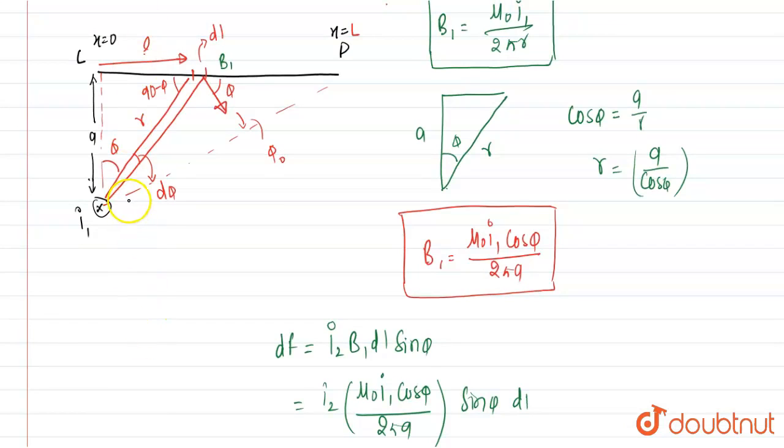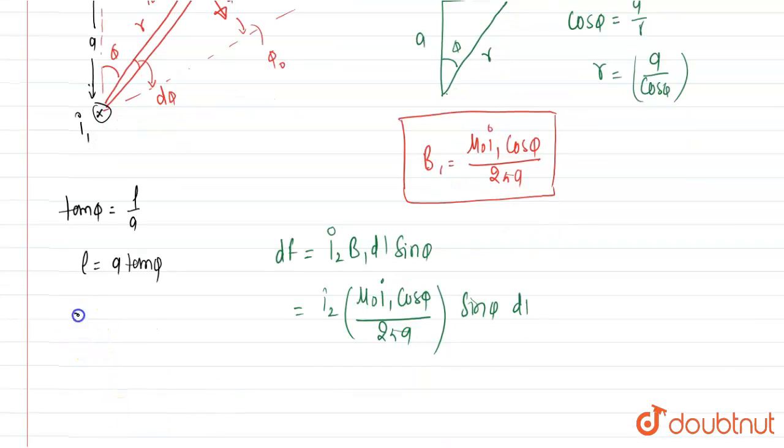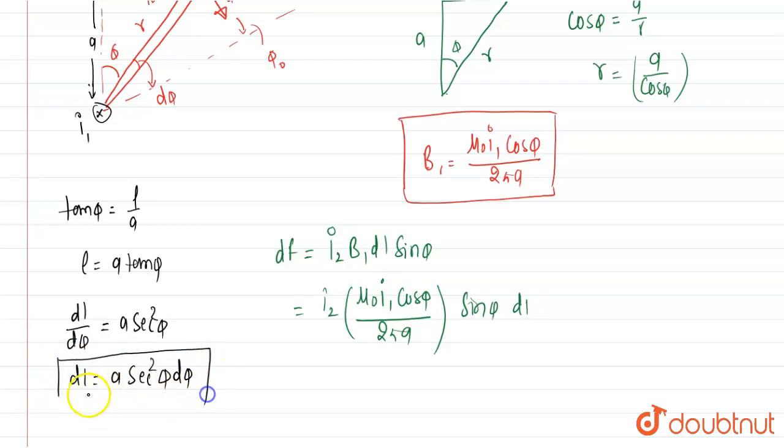In that triangle we can see that tan phi is equal to L upon A. It means L is equal to A tan phi. When we differentiate both sides, dl over d phi, we get A sec square phi. So dl is equal to A sec square phi into d phi. That is the value of dl. We will put that value of dl in that relation.